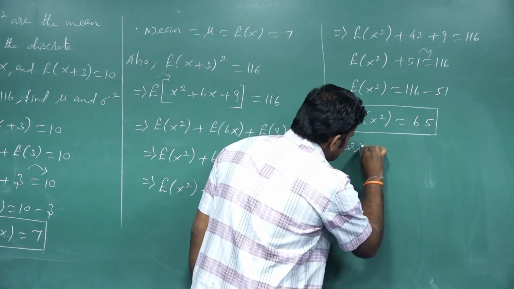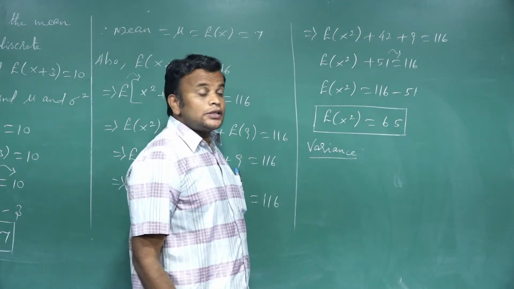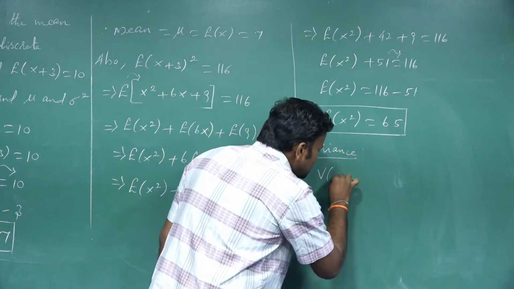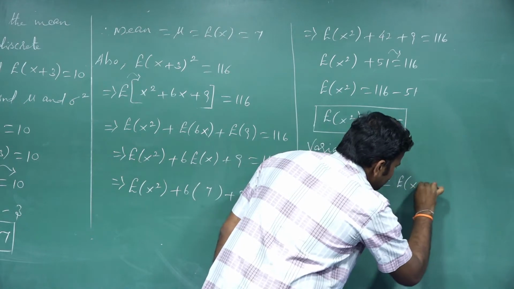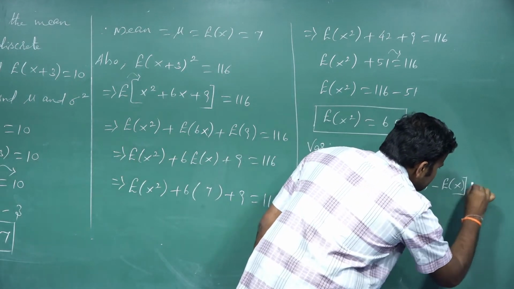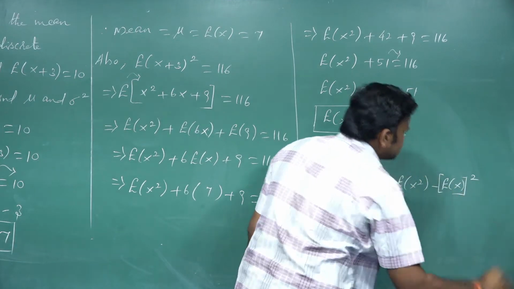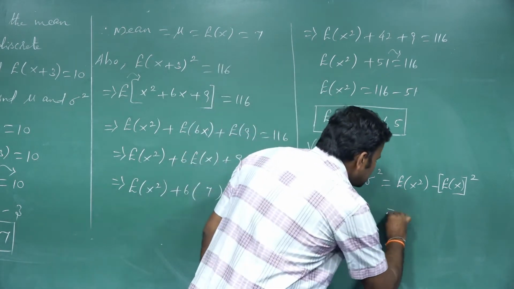Next, to find the variance. We already know the formula of variance. The symbol of variance is V of X or sigma square. The formula is E of X square minus E of X the whole square. So that is the formula of variance. Now substitute the values.